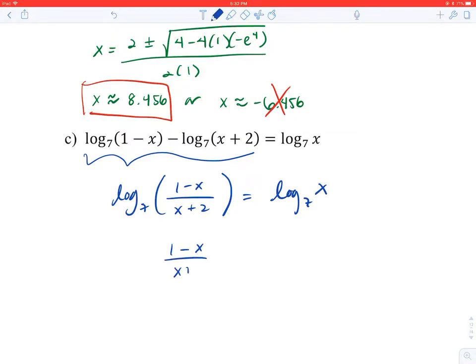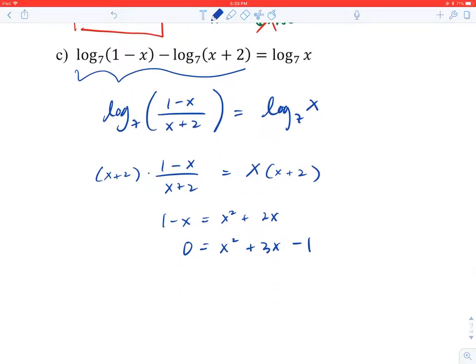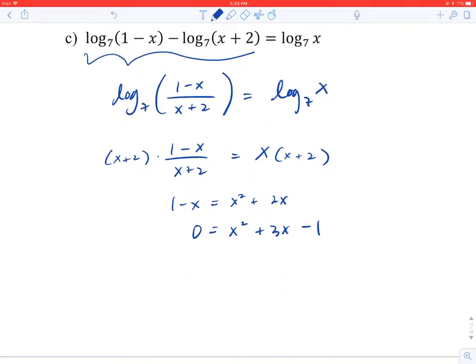So now by the one-to-one property, this is 1 minus x over x plus 2 equals 2x. We can multiply by x plus 2 on each side of the equation. So we get 1 minus x equals x squared plus 2x. 0 equals x squared plus 3x minus 1.